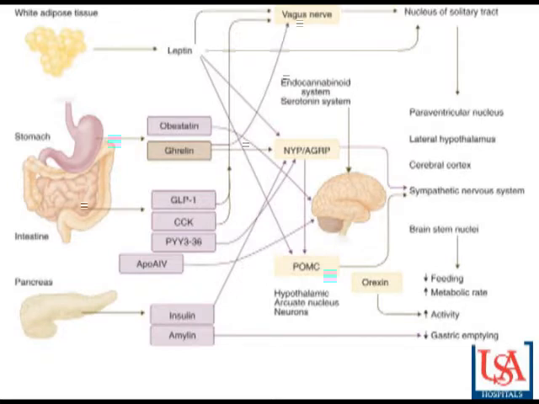Okay? So there are some genetically predisposed people that have leptin deficiency or other deficiencies, abnormalities in these peptides that cause massive obesity, and these people will just eat and eat and eat.